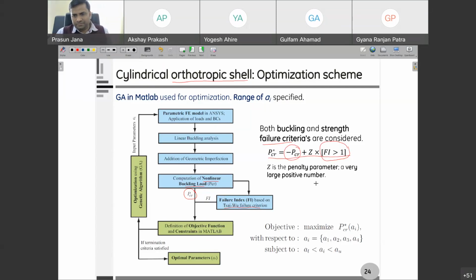So this way we can set up this problem, and then we can again do co-simulation in Ansys and Matlab and use GA, and you set up a termination criteria. If termination criteria is satisfied, then you stop there, and otherwise you continue. Okay, so this is a way we can do iteration and finally arrive at the final output.